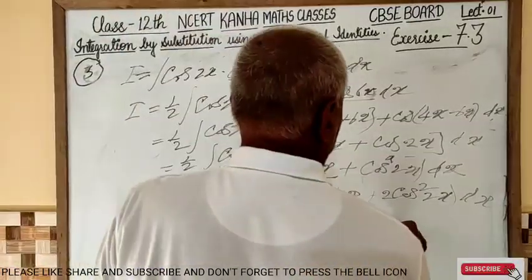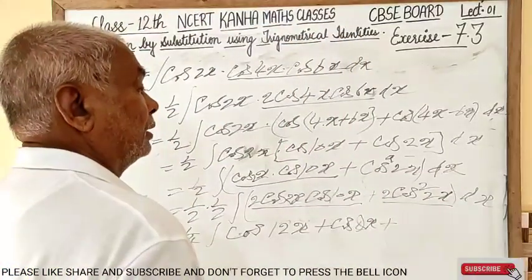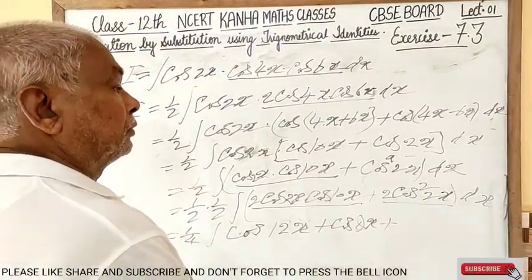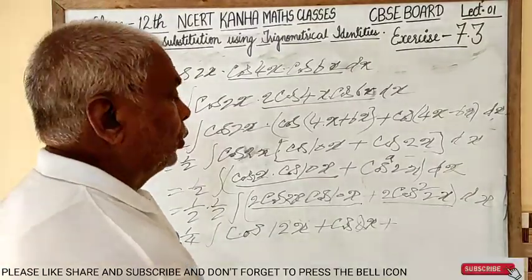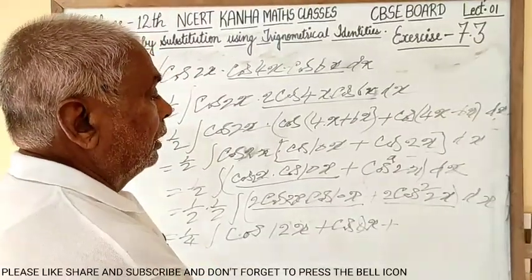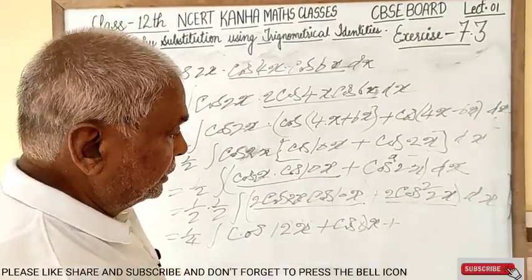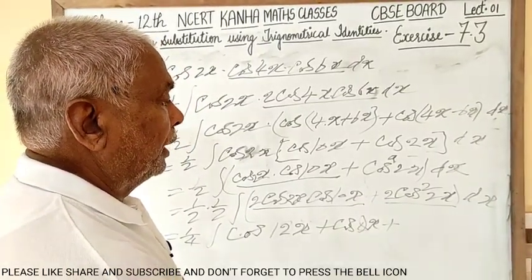And here is another trigonometrical identity: cos 2x is equal to 1 minus 2 sin square x. In terms of cos x, we will utilize the identity cos 2x is equal to 2 cos square x minus 1.